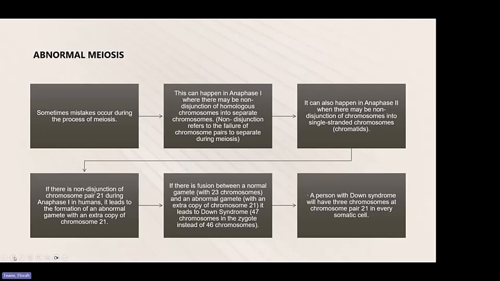The same abnormal meiosis can happen during anaphase 2, where there may be non-disjunction of chromosomes into single-stranded chromosomes that are made up of chromatids. So if there's non-disjunction of chromosome pair 21 during anaphase 1 in humans, it leads to the formation of an abnormal gamete with an extra copy of chromosome 21.